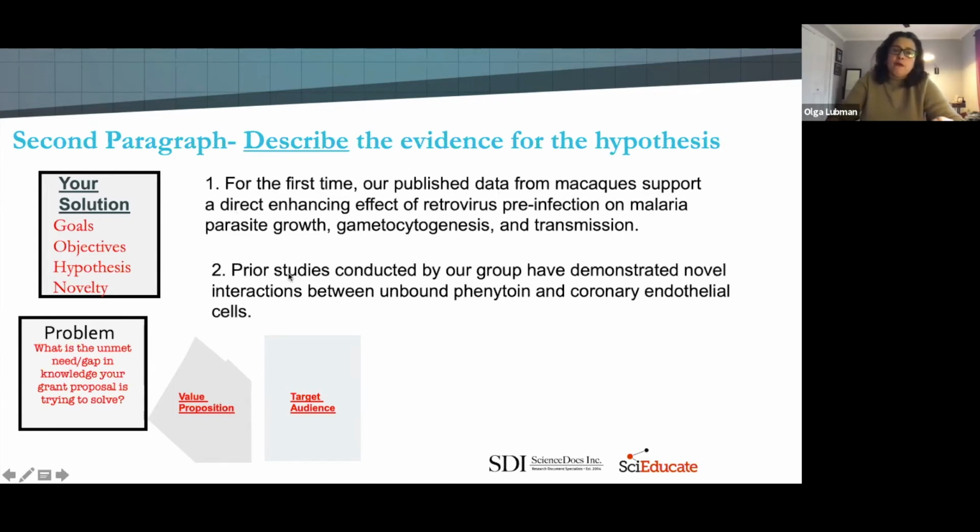Or, prior studies conducted by our group have demonstrated novel interactions between unbound phenytoin and coronary endothelial cells. If you don't have your own preliminary data, you need to make sure that you have reviewed your field and you understand your field, and you cite appropriate people in the field to provide the evidence for your hypothesis.